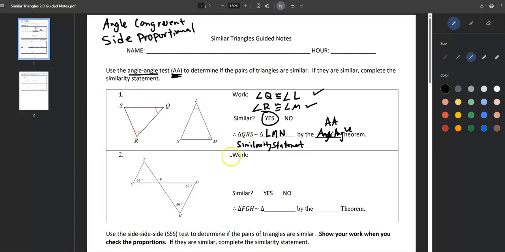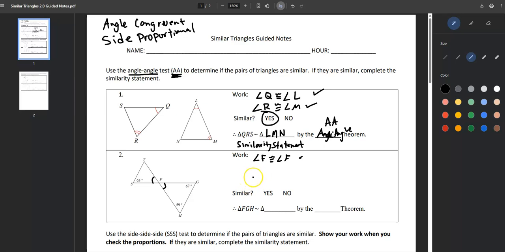Okay? Let's look at this second example. So this second example, a couple things. Whenever we have these crossing, remember from our previous unit, these are vertical angles, so those 2 angles are going to be congruent to each other. So I have angle F is congruent to angle F. But if I look at G, G is not congruent to either S or T, and neither is H. So I only have 1 here, so I don't have enough information.